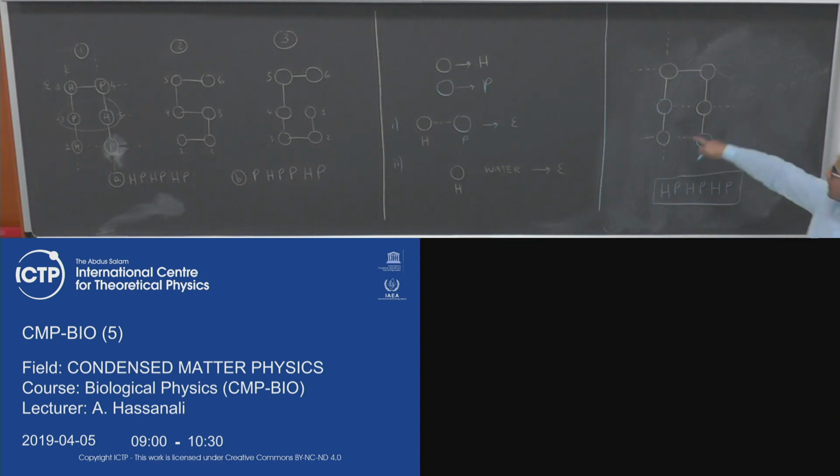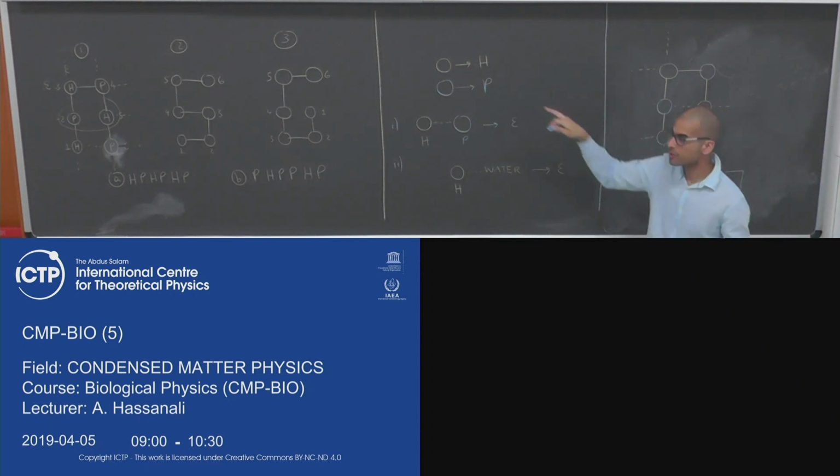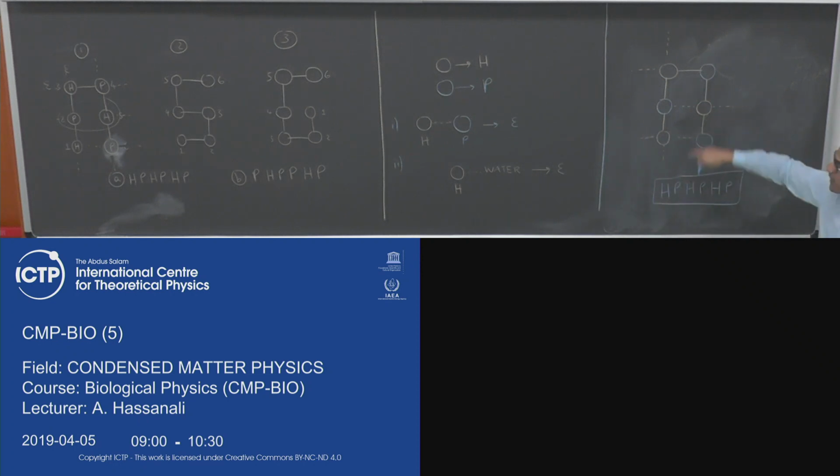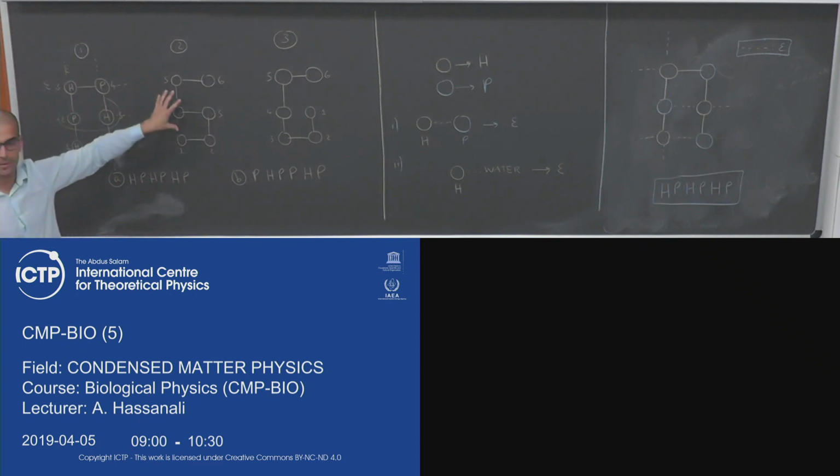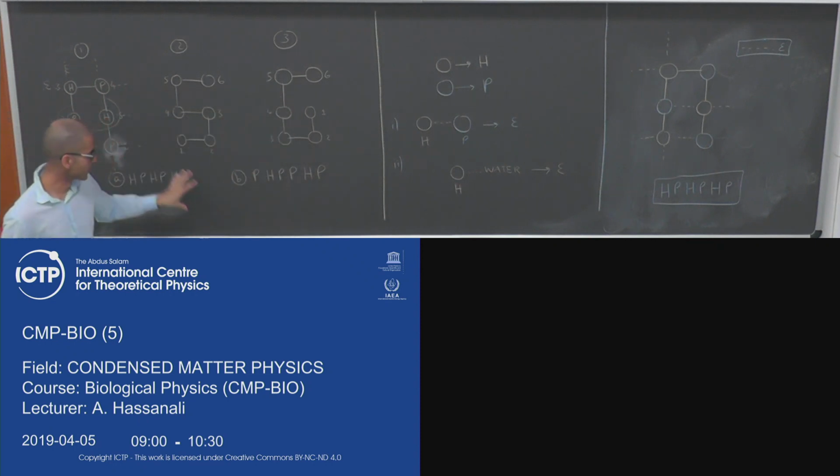My color code here is yellow is H, blue is P. Where I have the dashed lines, you have a cost of epsilon. So each dashed line here corresponds to epsilon. So that's for this complex structure. Now you can repeat the same thing for this one and this one, for this sequence and that sequence. It's very easy, and tell me what you get.